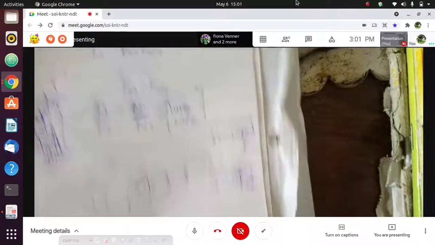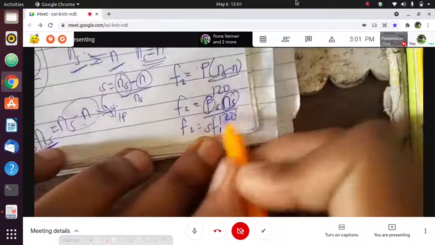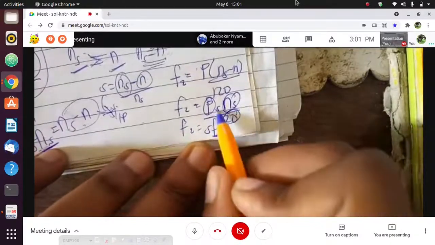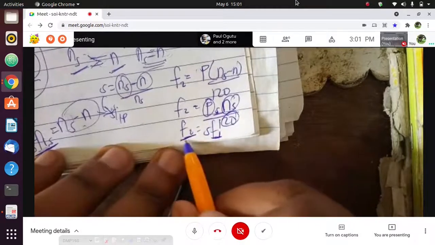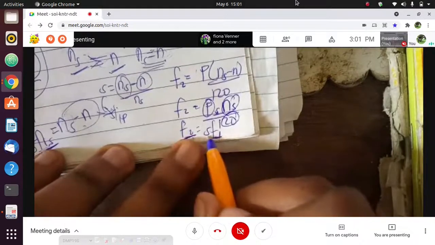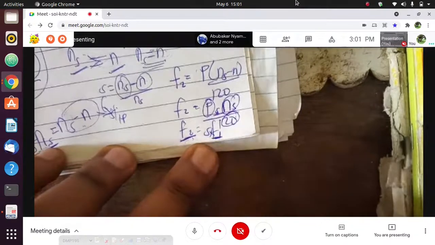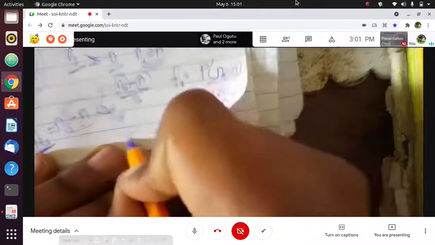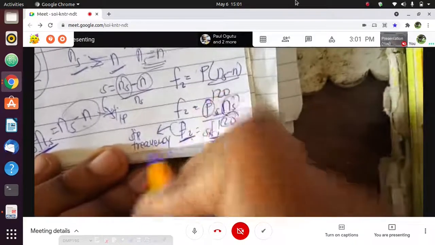So when you take these components, the P, the NS divided by 120, what we get is the frequency in the stator. Now times the slip. Therefore, the frequency of the induced voltage and current in the rotor circuit is the frequency in the stator circuit multiplied by the slip, where this F2 is also known as slip frequency.